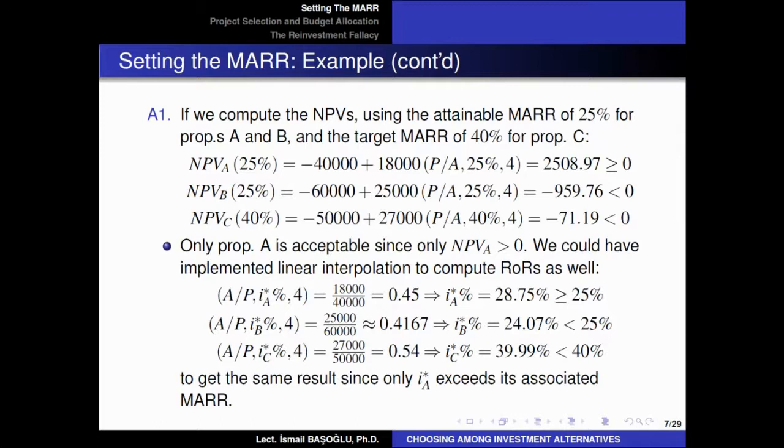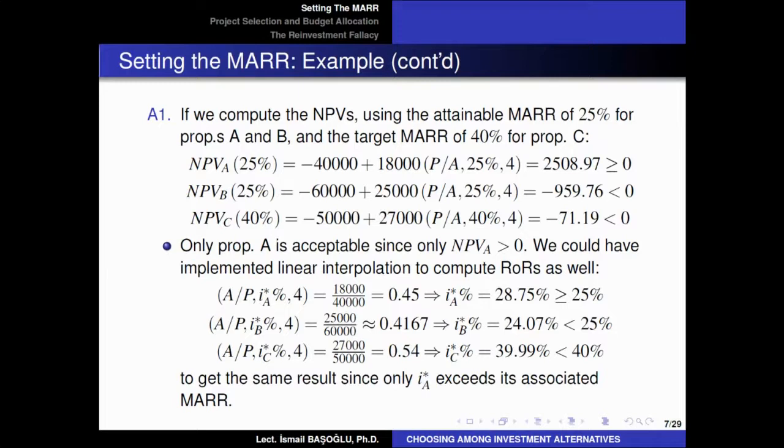Now, the A over P value for the first project, the annual revenues divided by the initial investment, is approximately exactly 0.45, and for a capital recovery factor of 0.45, the corresponding interest rate is 28.75.